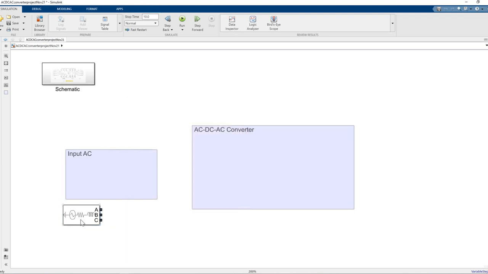And then we can apply, and we can change its name to Vgrid. 60 Hz, and 100 changed to amps. Okay.